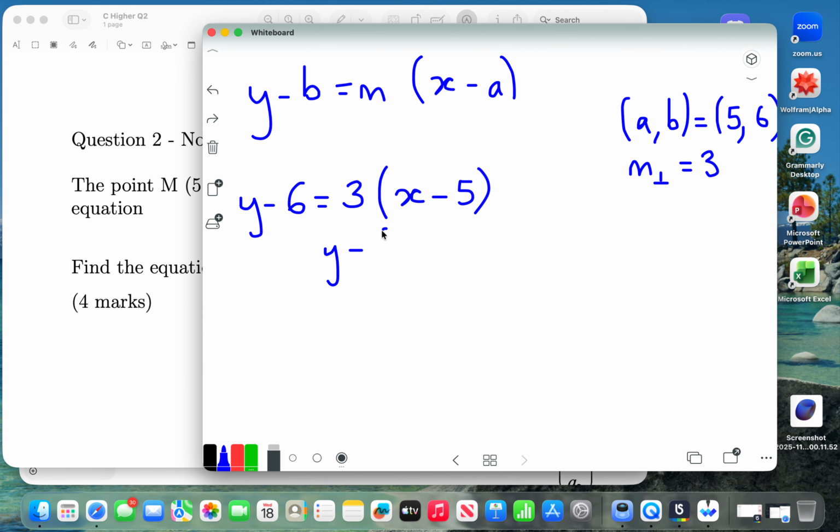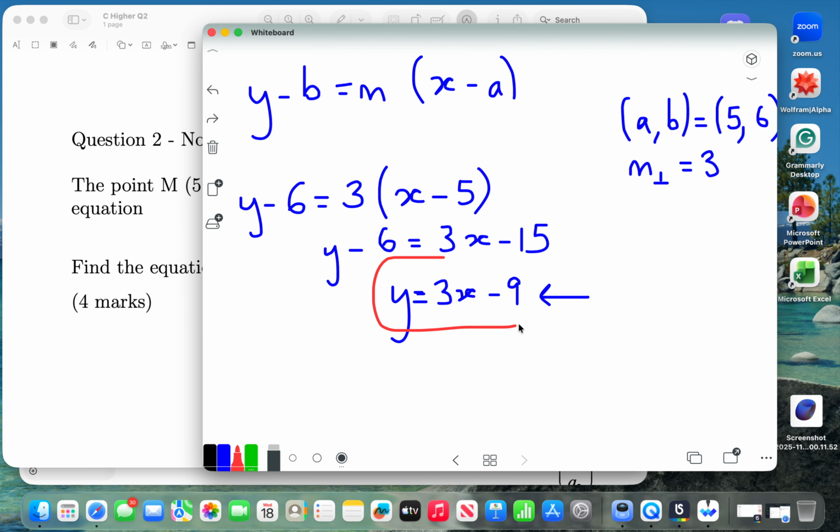Rearranging this, we get 3x minus 15, and the final answer is y equals 3x minus 9, and this is the final answer.